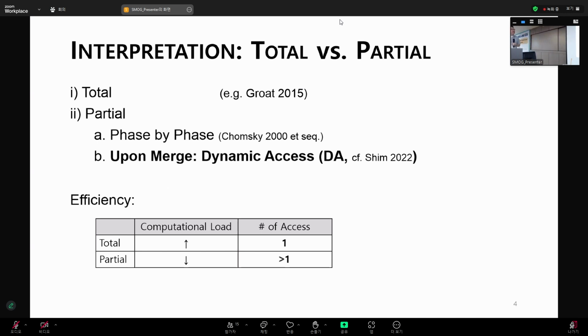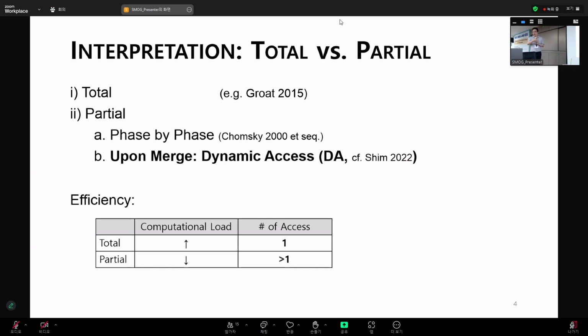Sorry. So Grohmann 2015, for example, proposes what is called total transfer, in which basically the idea is once a phase is completed, the entire phase is transferred to each interface. So that's basically Grohmann's idea. And from that perspective, we can call Chomsky's approach a partial transfer, because once a phase is completed, it's not the entire phase, but some portion, some part of the phase is transferred.